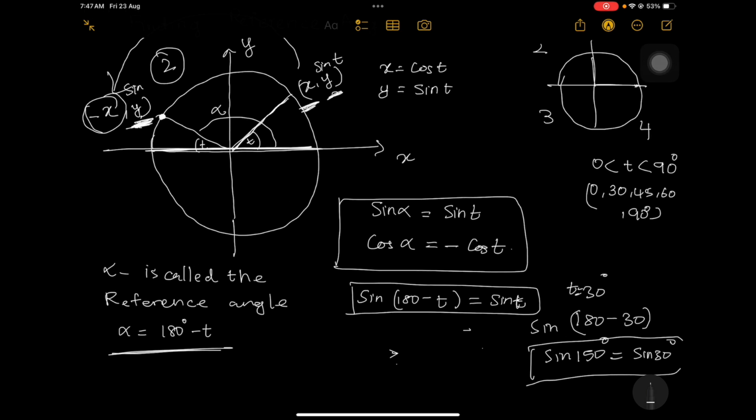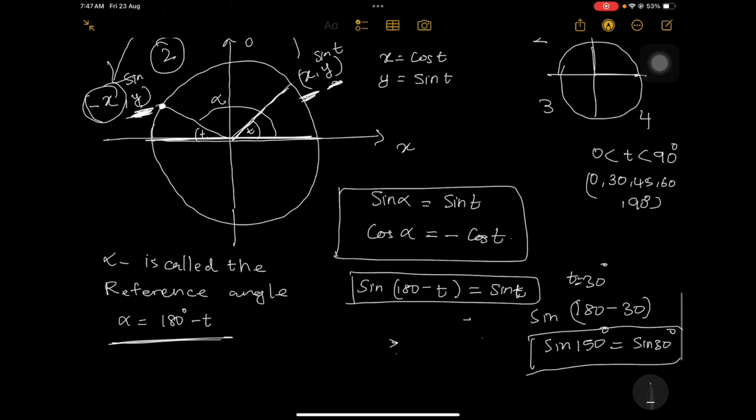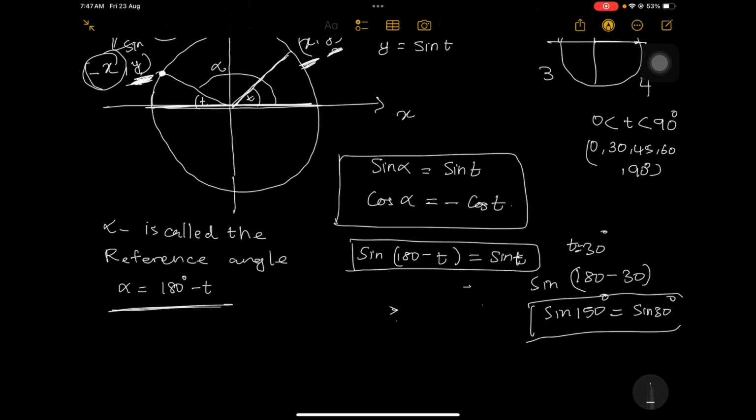If you know the value of sine 30, we know it because we have the chart, so what about 150? You don't have to calculate it again and again by drawing this and that. You can just use the sine 30 value, since the reference angle's sine value is the same, it is 180 minus 30. So this is the case for the second quadrant of the circle.